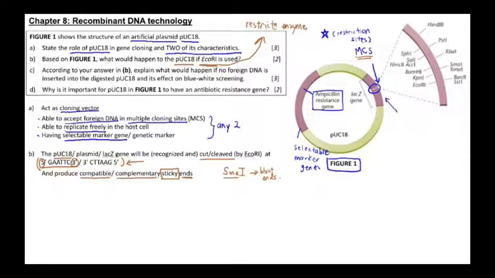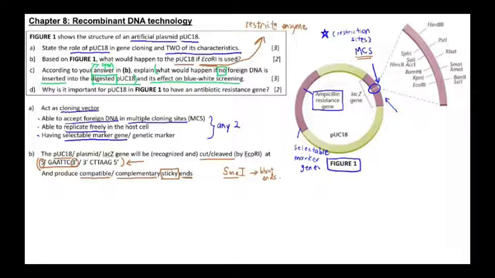C. According to your answer in B, explain what would happen if no foreign DNA is inserted into the digested pUC18. Digested, in this case, means open. After this plasmid is cut open, you have to answer this first part, and then only you answer the second part, which is about its effect on the blue-white screening.